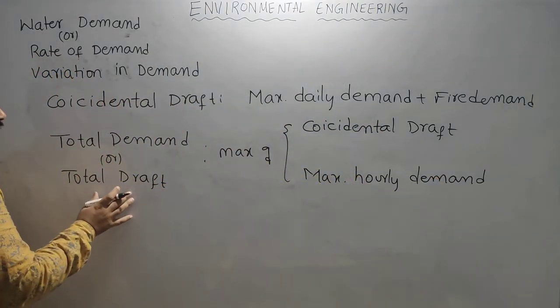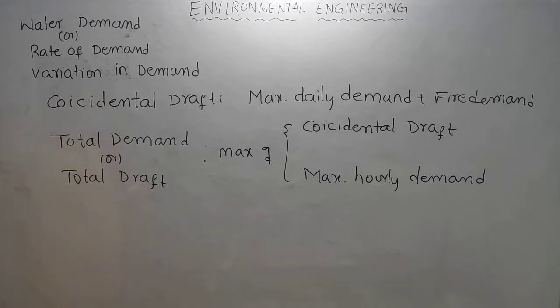So total draft or total demand is the maximum value of maximum hourly demand or coincidental draft.